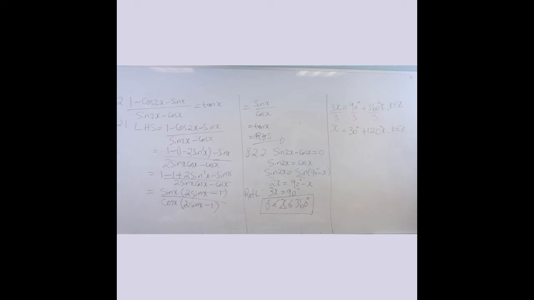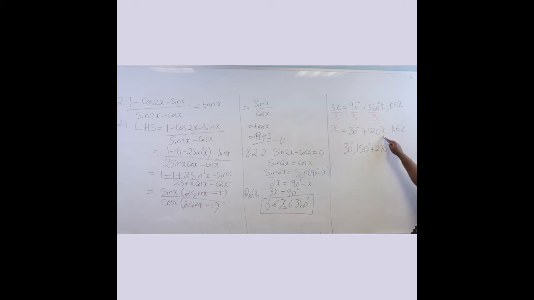Okay, now we start doing what we need to do. If I put 0 here, one of the solutions that I have is 30. If I put 1 at k, then my solution will be 120 plus 30, which is 150. If I put 2, I'll have 240 plus 30, then I'll get 270.